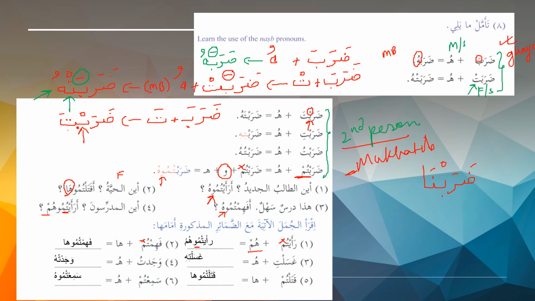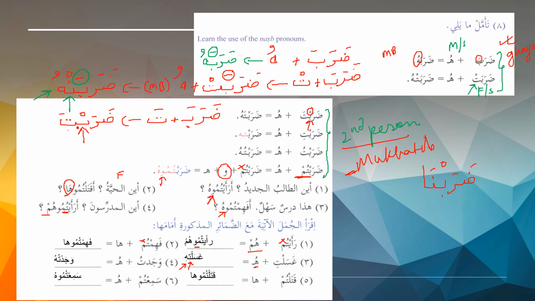Ghasalti and hu, how are you going to do it? Ghasaltihi. So you cannot say ghasaltihu. If the previous letter has a kasra, the hu changes its haraka from dhamma to kasra. This doesn't have anything to do with the irab. Ghasaltihi. Wajadtuhu.